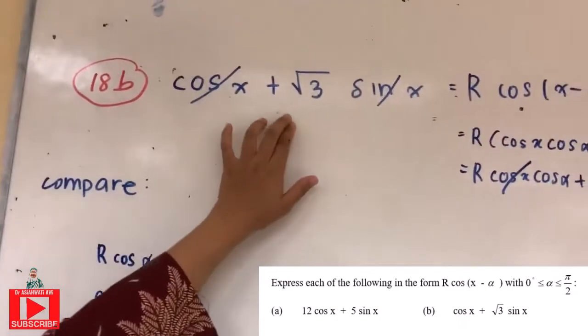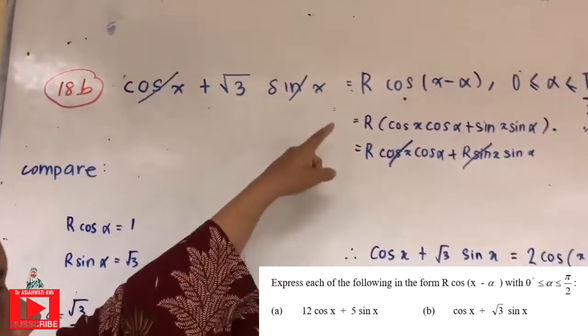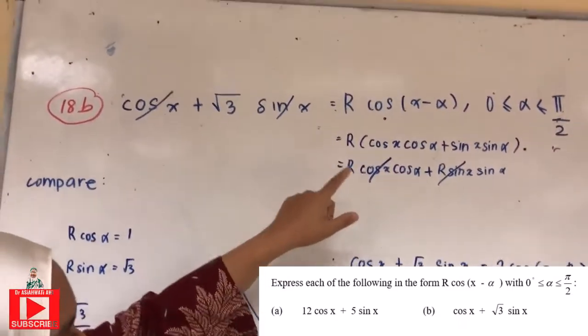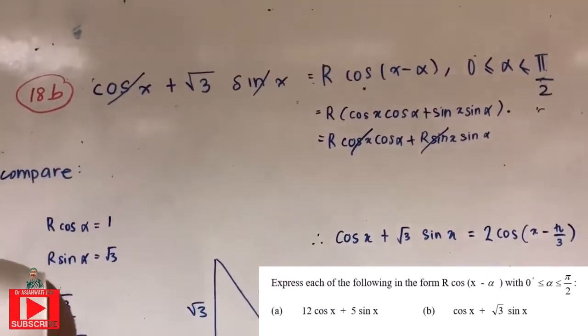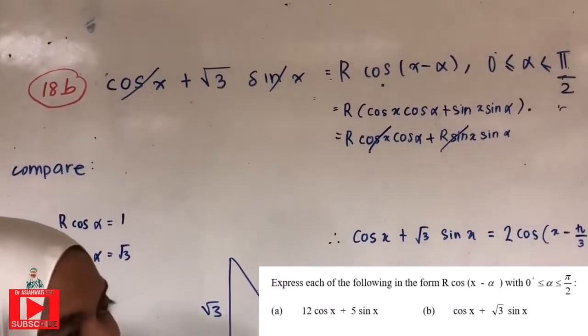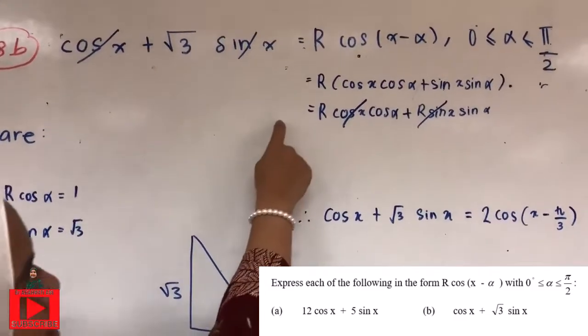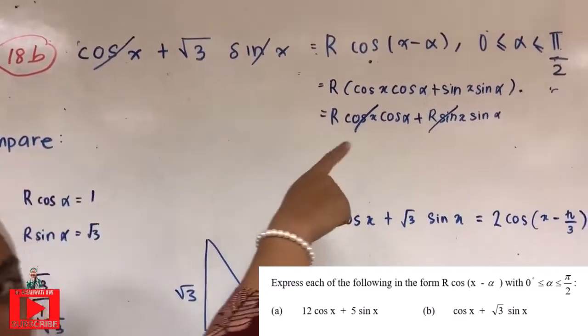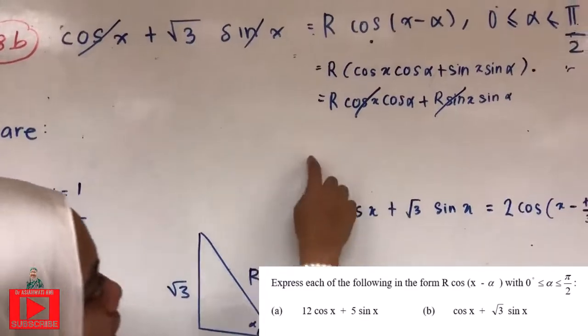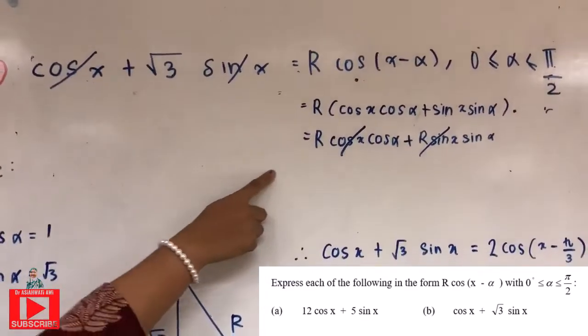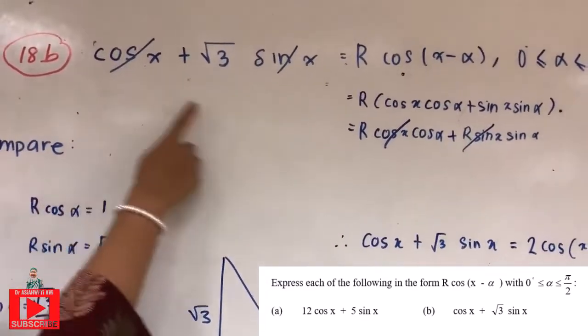For question 18B, cos x plus root 3 sin x equals r cos(x minus alpha) in the range 0 to pi over 2. So first we expand r cos(x minus alpha) using the compound angle formula. After that, we compare this with this.